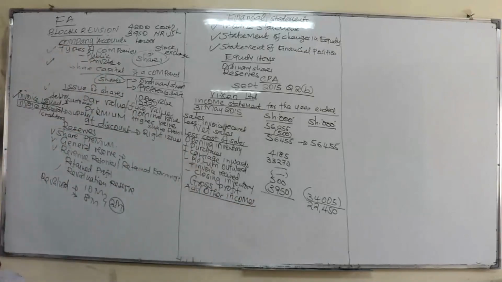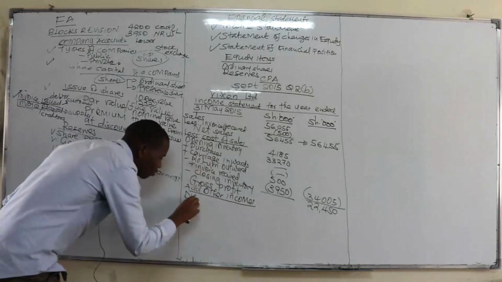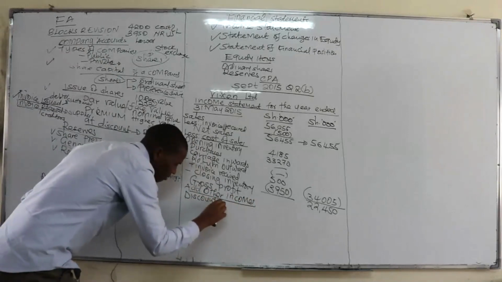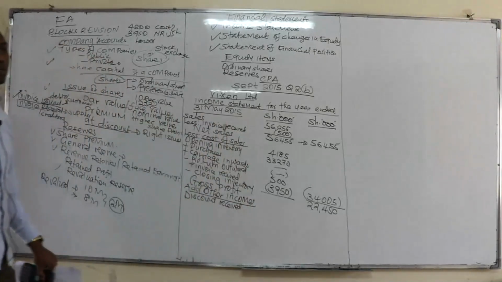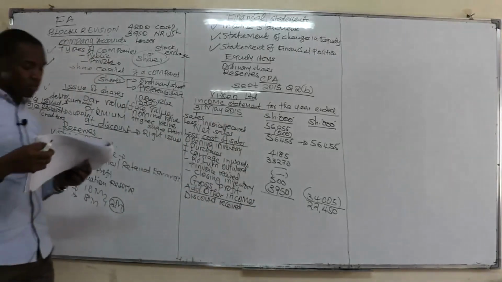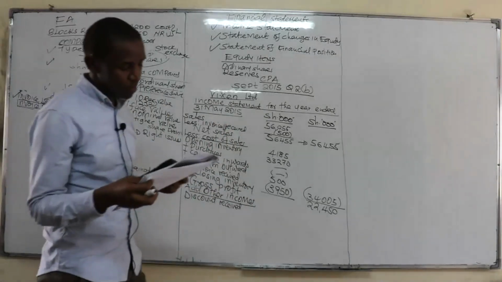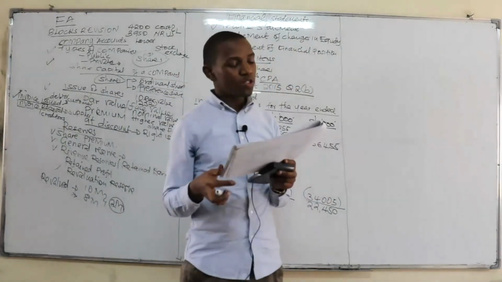So other incomes in this case, first you have to begin with the discount received. Now, go to where we have the discounts. This is how the examiner tricks you.